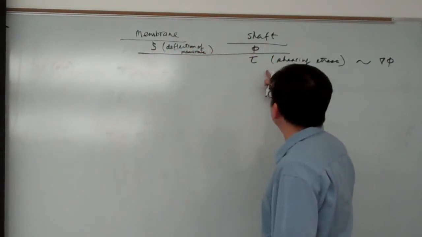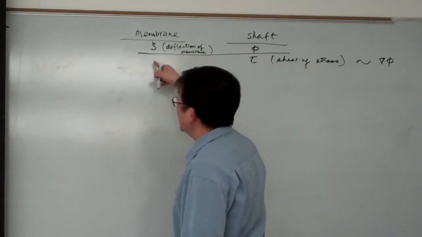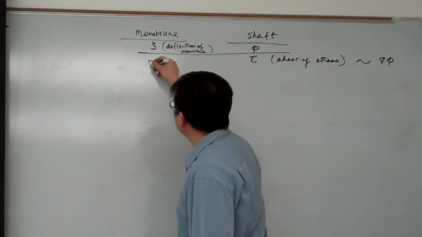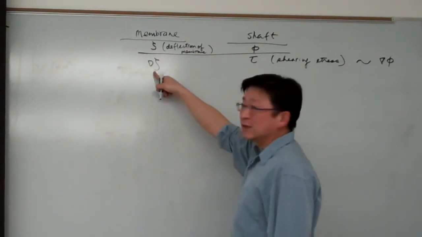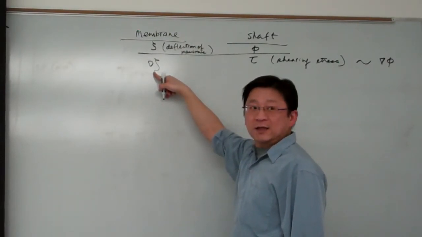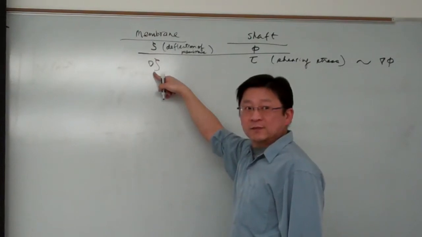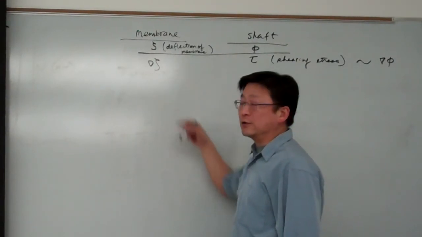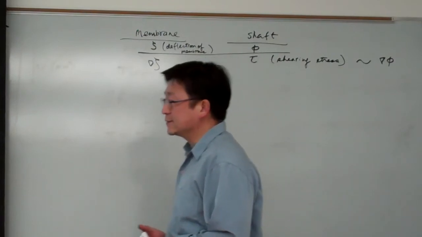Okay, so that means you can see the shear stress in analogy. We're simply looking for the gradient of the contour lines in the membrane. Okay, so keep this in mind.